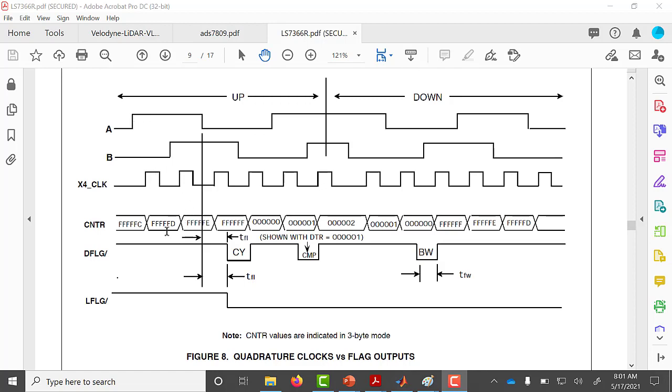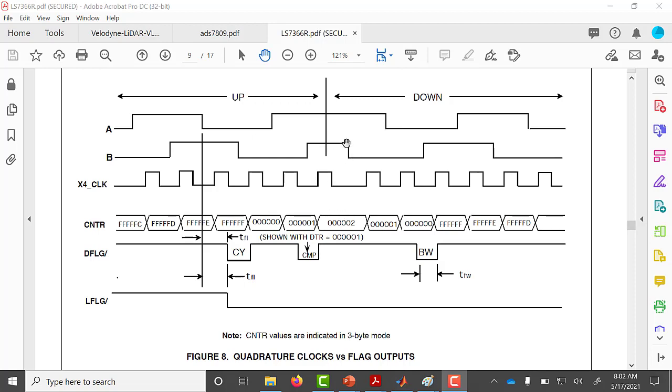And then here you're changing from -3 to -2 because you've sensed the B. And then here the A drops, so you're going from -2 to -1, and then the B drops, so you're going from -1 to 0, and you keep going. On the rising edge here, you're sensing that the A has risen again, so you keep going, and then here you've got the B going up, so you get to see the 2.